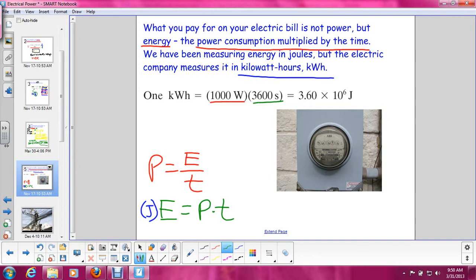And 1 hour is 3,600 seconds. So 1 kilowatt hour is the same as 3.6 times 10 to the 6 joules, or 3,600,000 joules. That's a lot. That's why we measure it in kilowatt hours instead of in joules, because that would just be a pain.